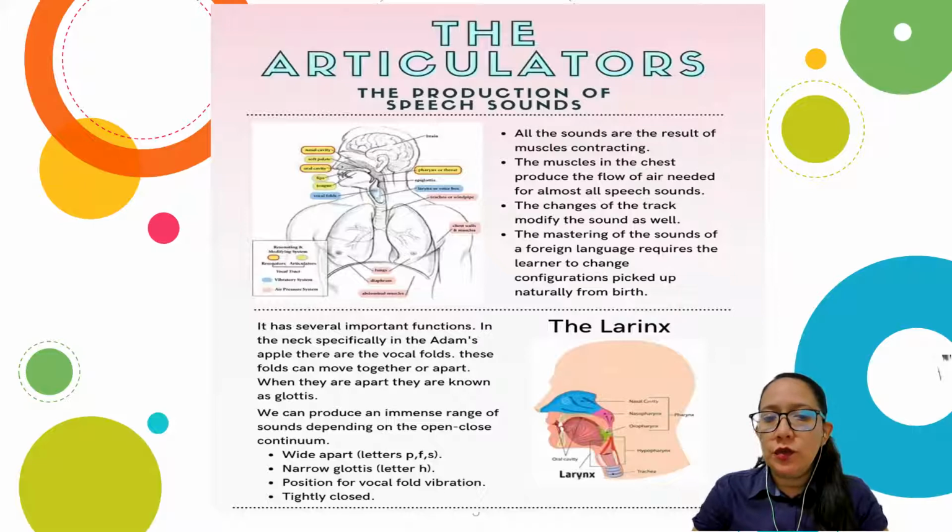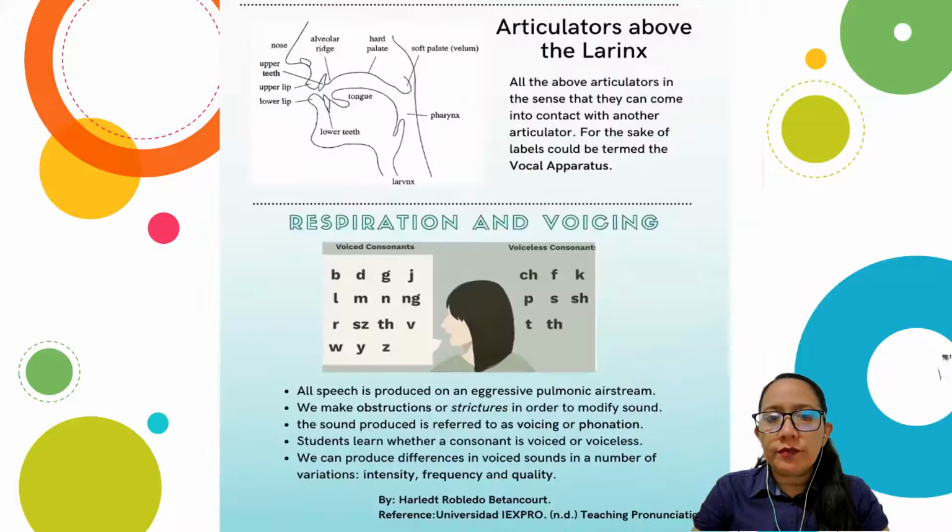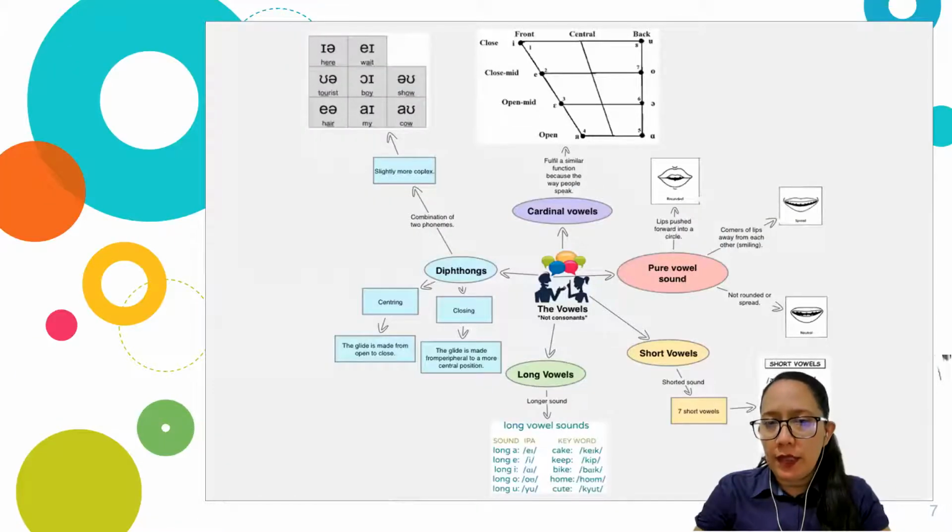We got to know all the parts of the larynx, as well as the sounds we make when we say the vowels and the consonants, and how these sounds are named, if they are voiced or voiceless. So we got to understand really how to make these sounds.